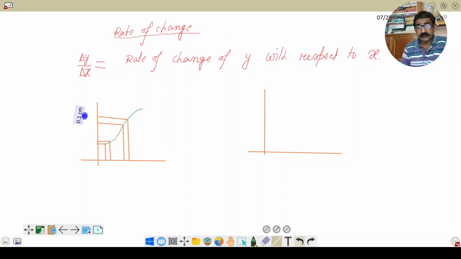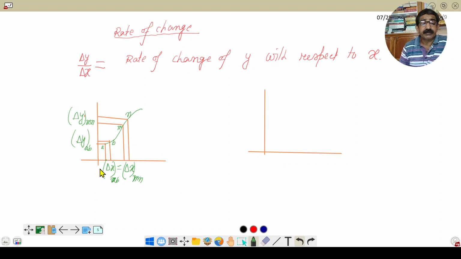This delta y at points M and N, and this delta y corresponds to points A and B. Delta x is also there, and we have taken this delta x between A and B equal to delta x between M and N.